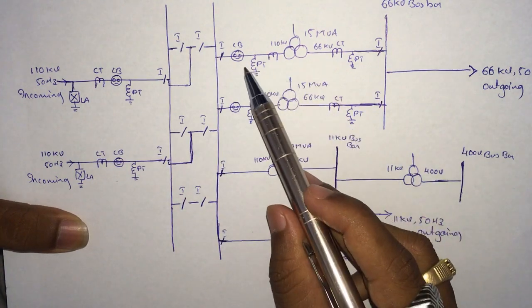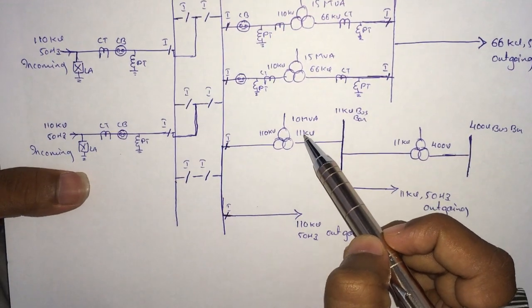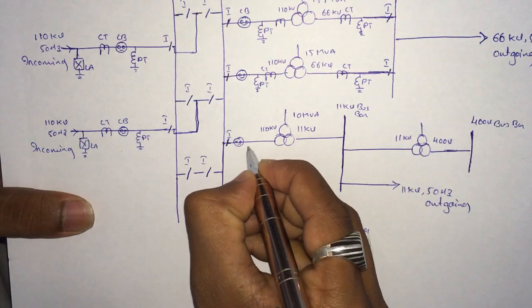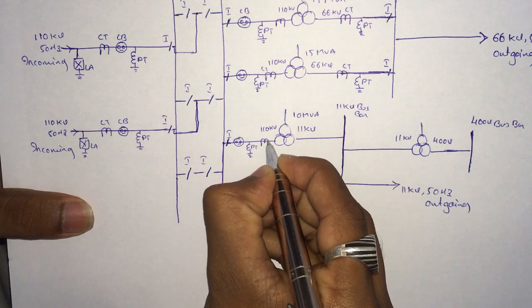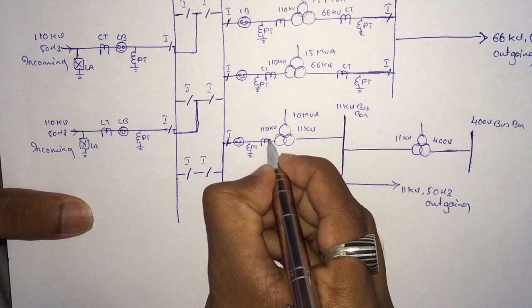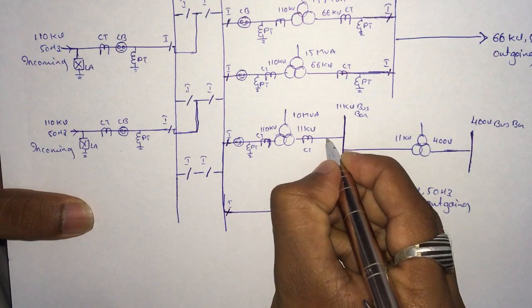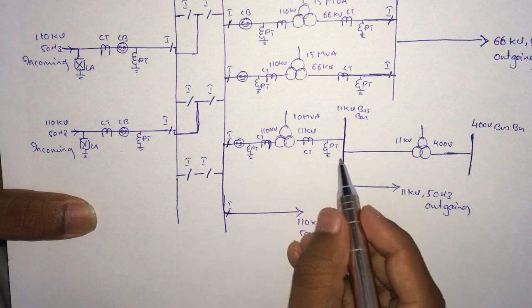For this line also one circuit breaker, and here also one circuit breaker. Similarly for third transformer, one CB, PT, CT, again CT and PT.